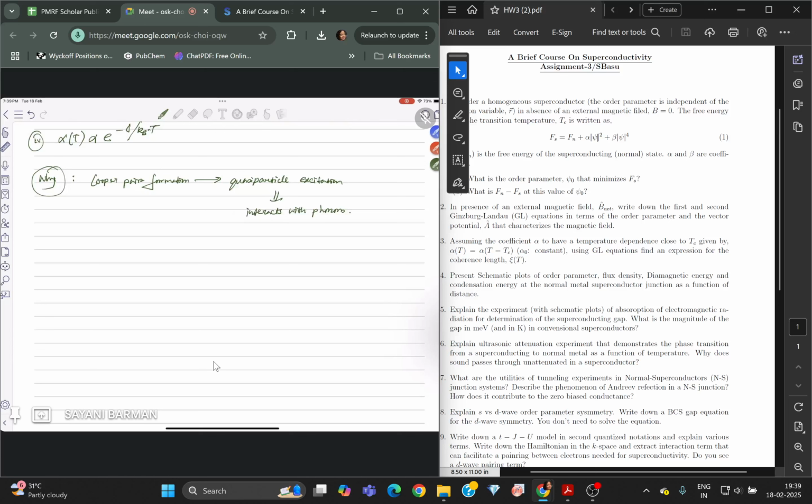Right, this means that below TC, sound waves can travel with zero loss or minimal loss.